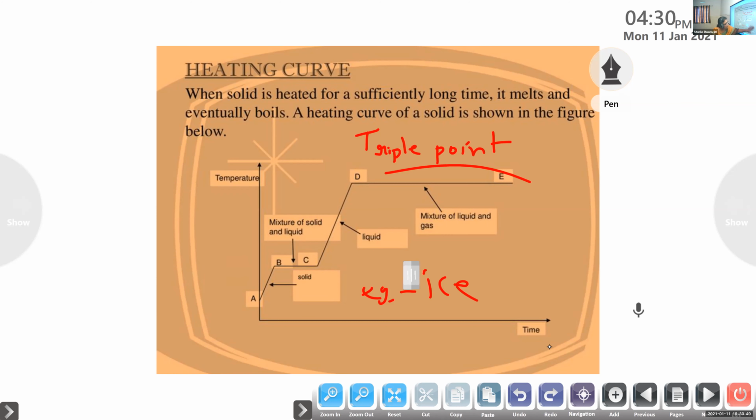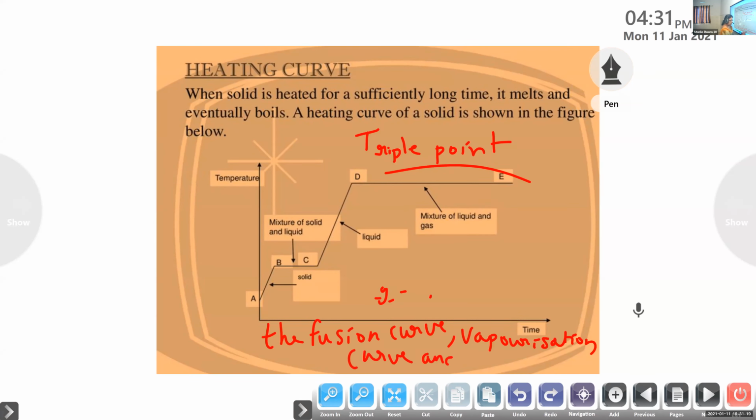The temperature and pressure at which the fusion curve, vaporization curve and sublimation curve meet, and all the three phases coexist, is called the triple point of the substance.